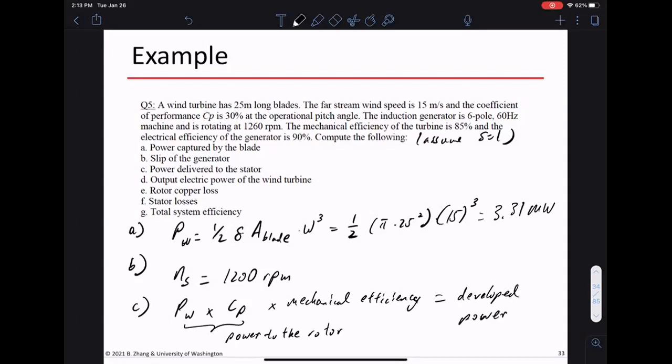So I have the wind power. I multiply by CP to see how much of that I can extract. That goes into rotating power. There's a mechanical efficiency, so I multiply by the mechanical efficiency to get the developed power.